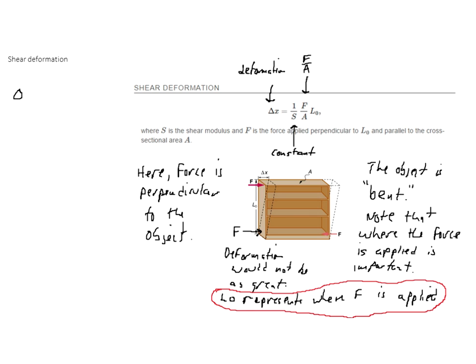So we can rearrange this formula a little bit. Let's write it over here. Delta x equals 1 over s, F over A times L0. So let's multiply both sides by s and divide both sides by L0. So s delta x over L0 equals F over A.